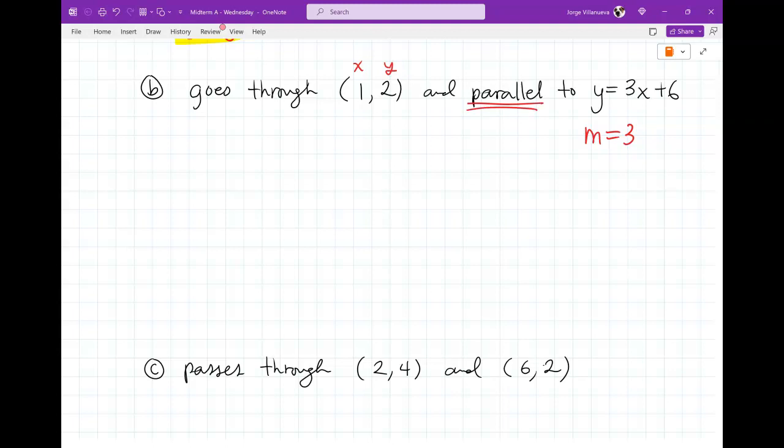If they're parallel, their slopes have to be the same. So the slope has to be 3. So they basically gave me the same information as in the previous problem: m and a point. So let me work on the problem just like I did the previous problem.